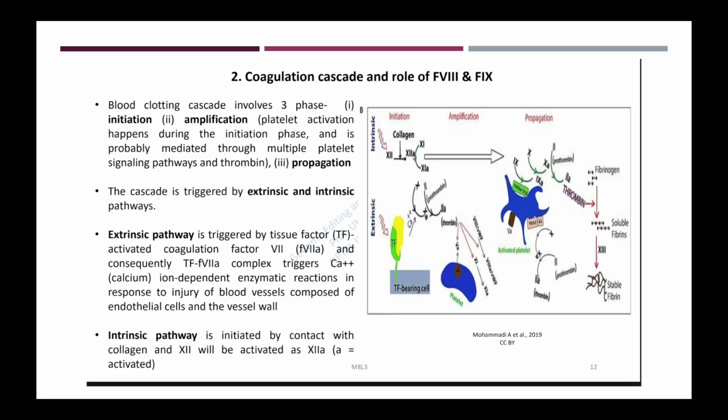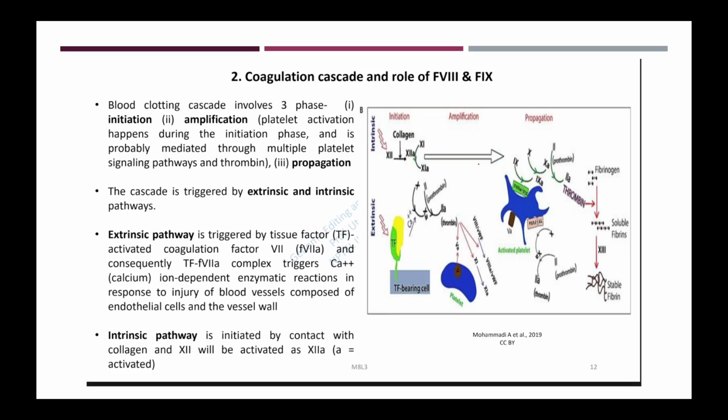When a cut is made, it is clotted. So if there is a defect in the clotting factors, then there will be no clotting of the blood. Blood clotting involves several steps: initiation, amplification, and propagation.